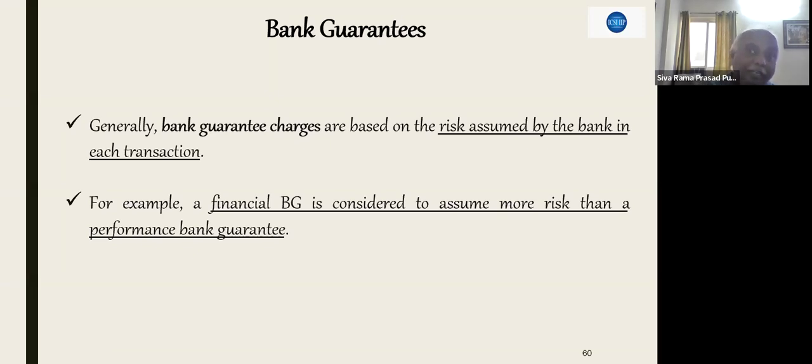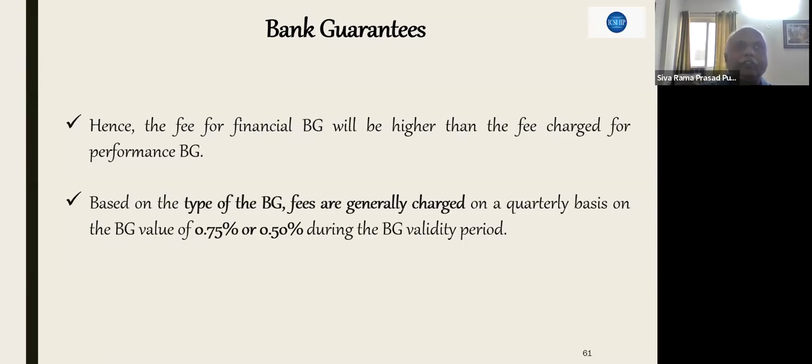That's why financial BGs are high risk when compared to performance guarantees. The fees for financial bank guarantees will be higher than the fee charged for performance bank guarantees. Based on the type of bank guarantee, the fee is generally charged on a quarterly basis on the BG value, at 0.75% or 0.50% during the BG validity period.